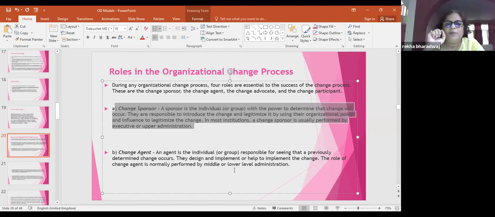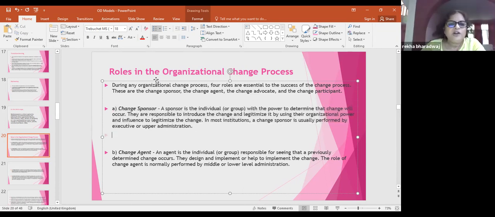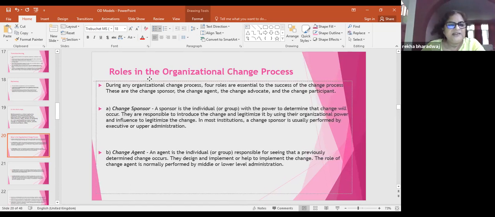They are responsible to introduce the change and legitimize it by using their organizational power and influence to legitimize the change. So this is mostly performed by the top management. So when the top management supports the change, they say that this is what we want to change, either the organization structure or the process in which a certain department is going to be run or the organization is going to be run.